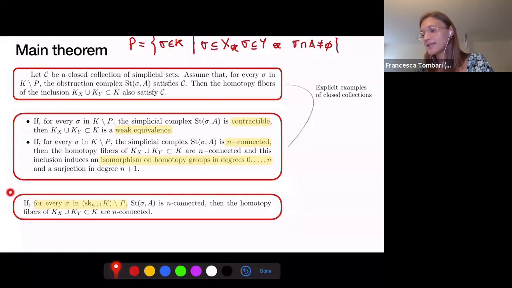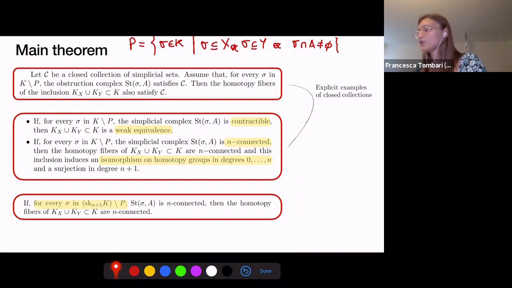In particular, it says that in order to guarantee the n-connectedness of the homotopy fibers of the inclusion map, we don't need to look at all simplices in K minus P, as I said before, but we just need to check the obstruction complexes associated to simplices in the n+1 skeleton of K minus P. So let's say that we just want to check one-connectedness, then we just have to look at the 2-skeleton of K minus P. So lower dimensional simplices. All right.